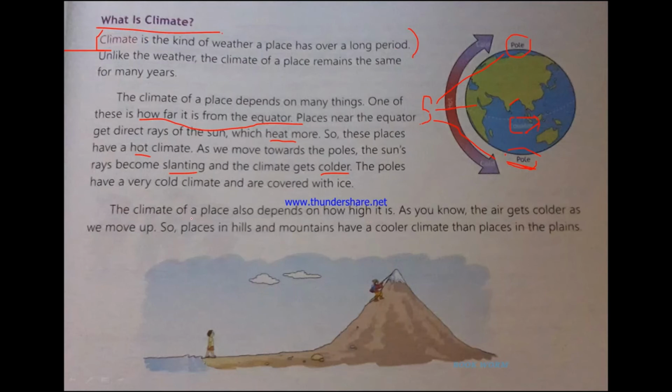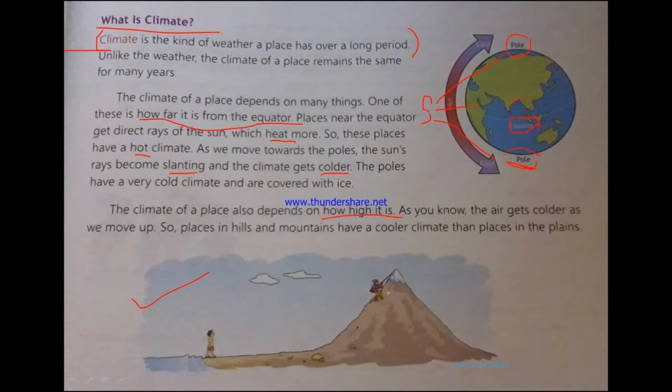What is the second factor? The climate of a place also depends on how high it is. The second thing is the height of the place. What is height? See this picture here. This is the sea and this is the mountain. Which is higher? The person standing near the sea or the person on the mountain?